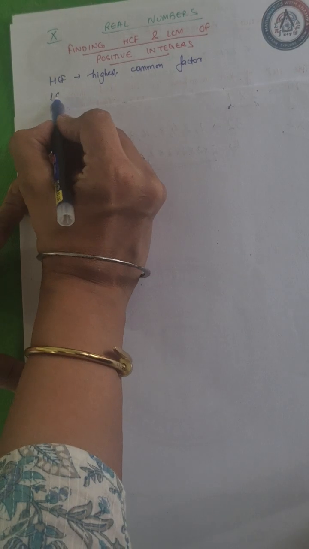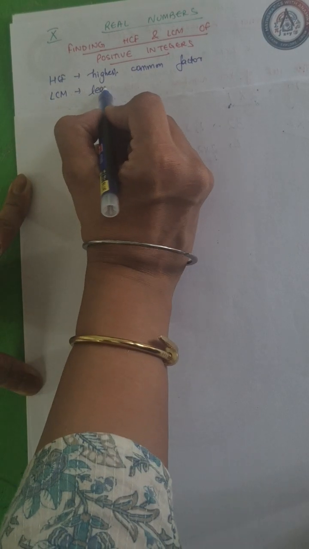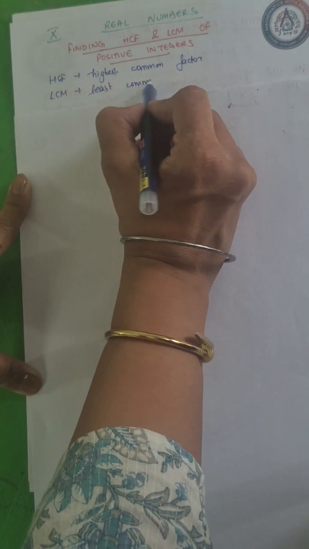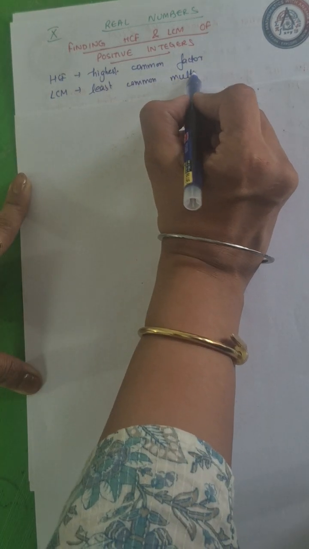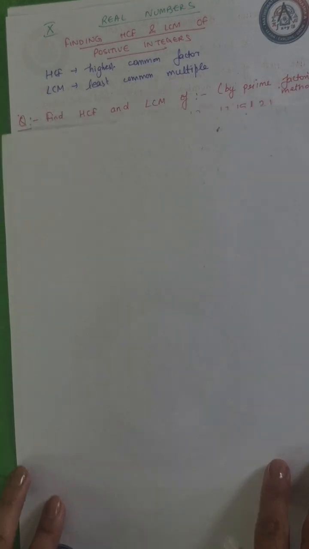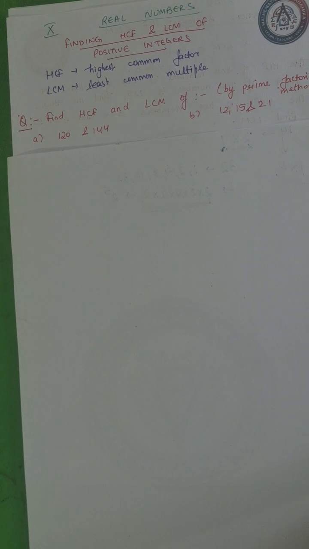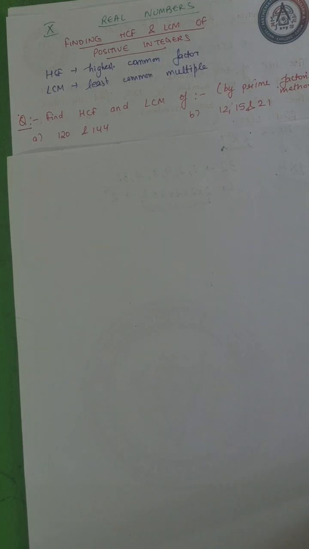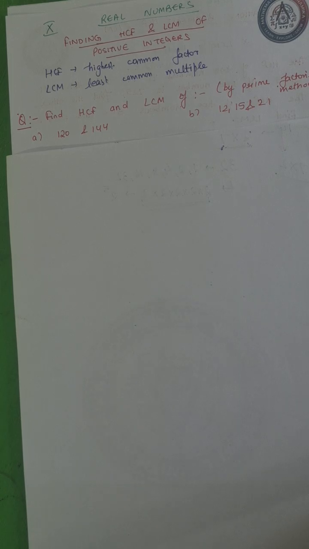And the full form of LCM is least common multiple. Now, how this works and how we find HCF and LCM of given numbers, we are going to learn with an example. So the question says, find HCF and LCM of 120 and 144 by prime factorization method.